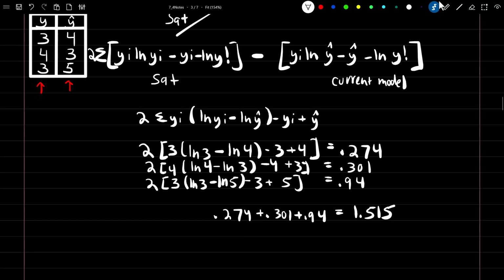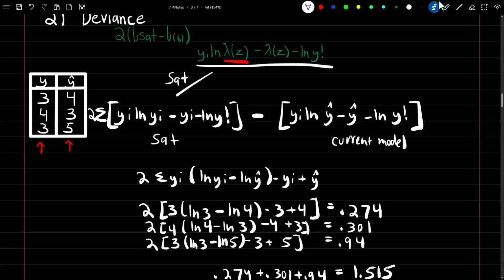Here we solved each observation independently, where we took our saturated model for that observation minus the current model for that observation. Instead, you could also find your saturated model and your current model independently, and then at the end subtract the two and multiply by 2.